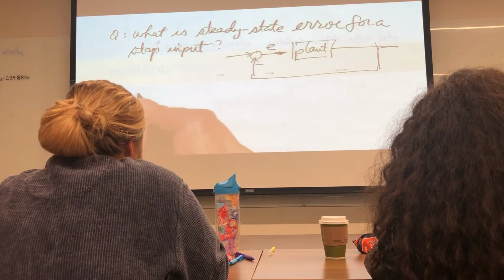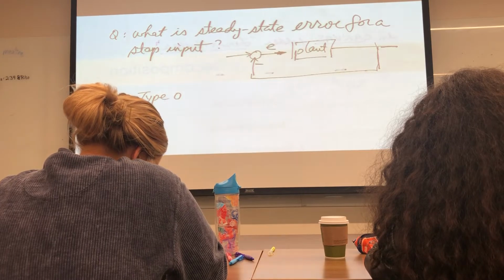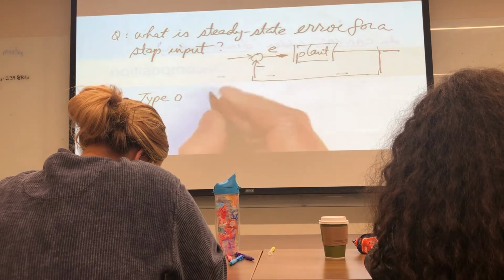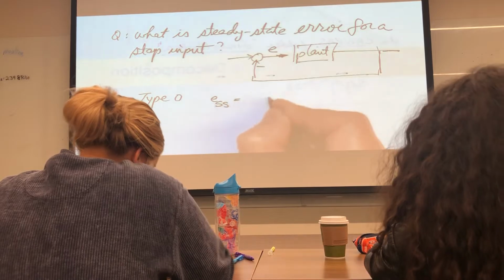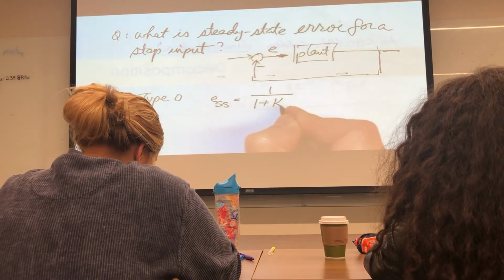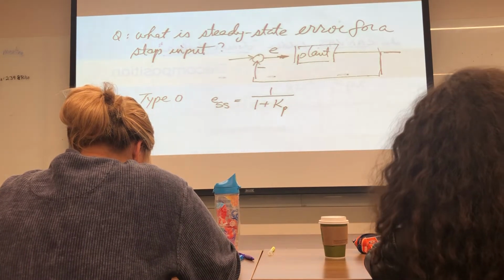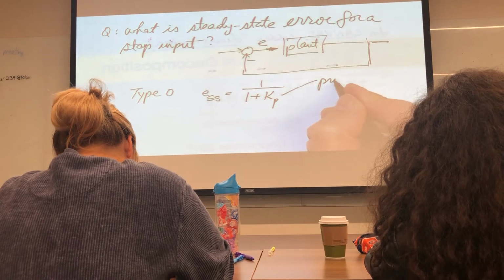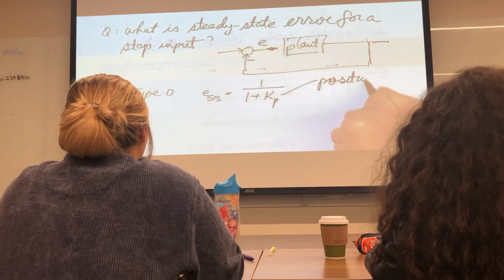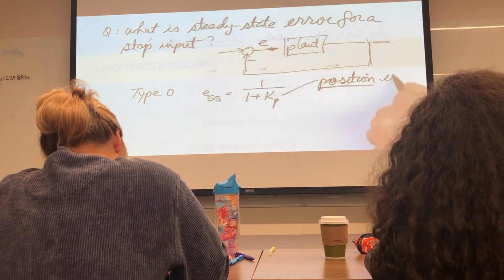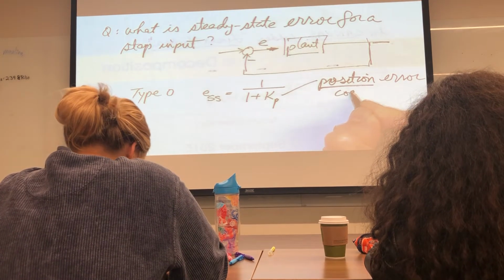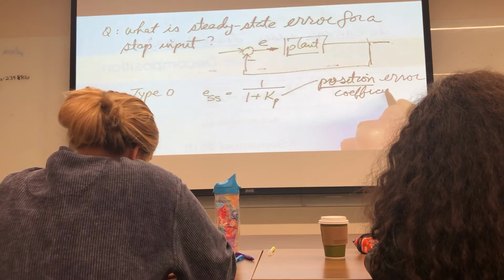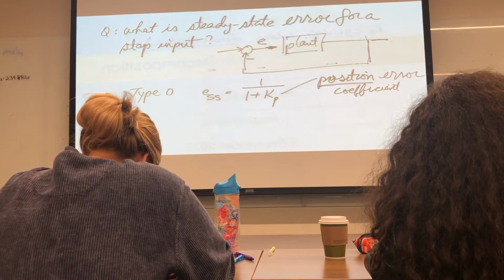Well, we've already determined this is a type 0. Since it's type 0, we remember there's a formula that says that E steady state is 1 over 1 plus the position error coefficient. Today, Kp means position error coefficient.